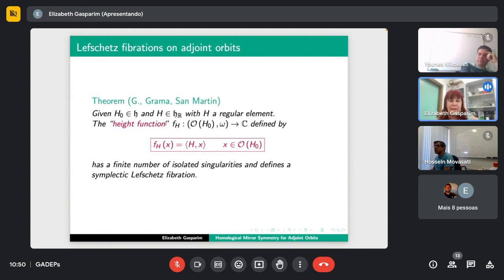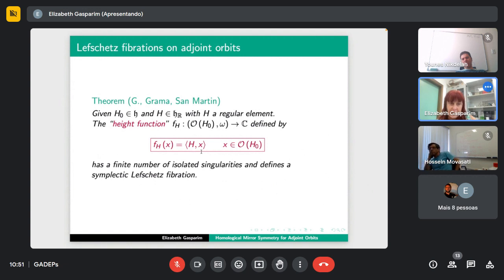We choose a second element that will give us the height function, the potential, a function defined on the variety or the manifold. The function is the Cartan-Killing pairing with H. So for every element of the orbit, I take the Cartan-Killing pairing with H. In the case of matrices, this simply means taking the product of H and X and the trace.